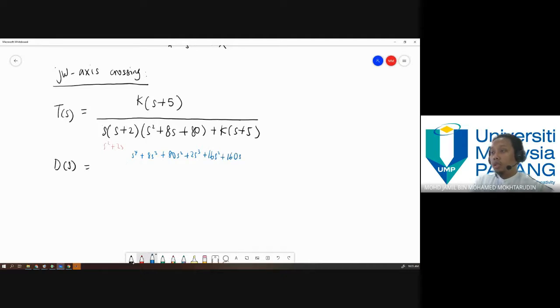Okay, and then rewrite. So we get s to the power of 4 plus 10s cubed plus 96s squared plus (k plus 160)s plus 5k.